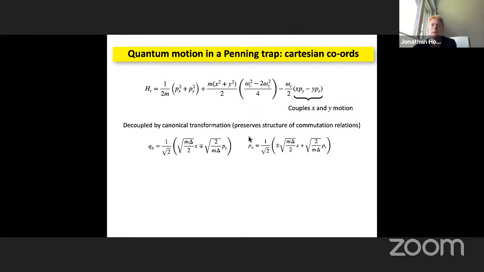Yeah. So you can make a linear transformation. There's a new set of coordinates being introduced here, which are combinations of the position in one direction and the momentum in the other direction. I suspect I should have swapped y and x sitting here, if you like.